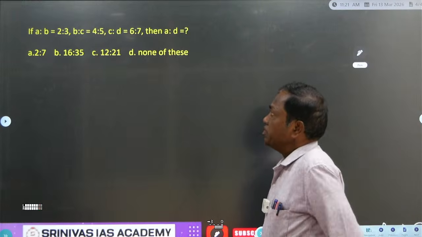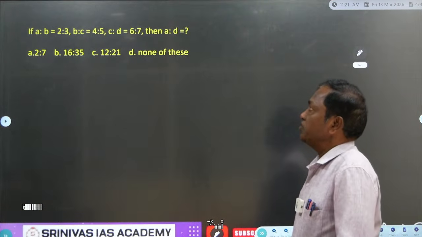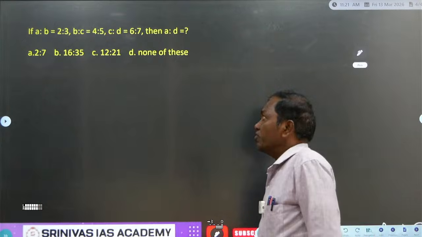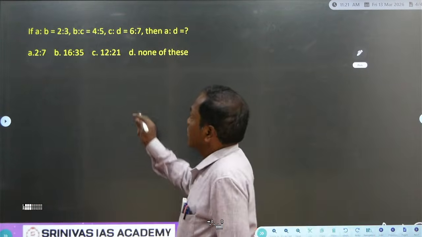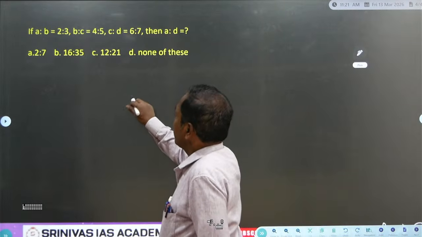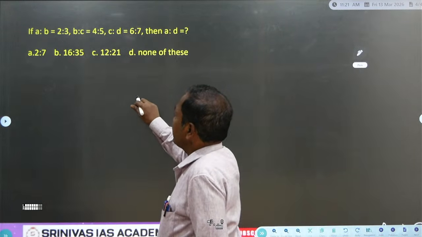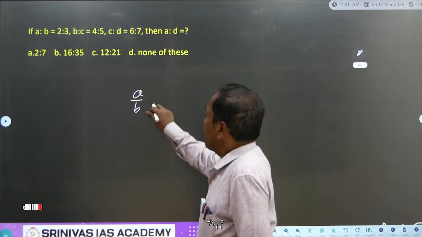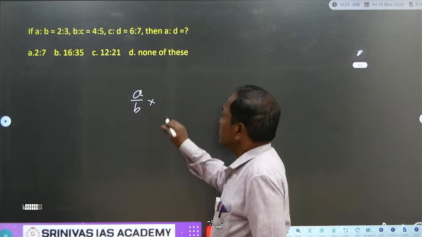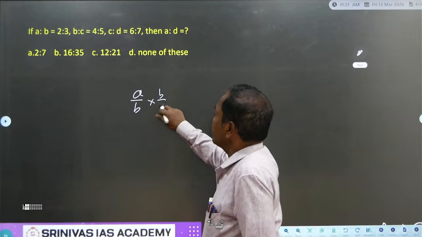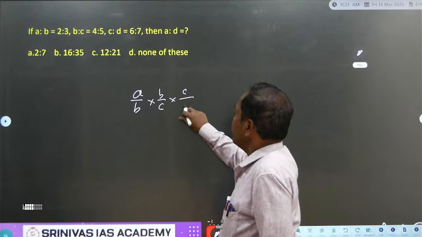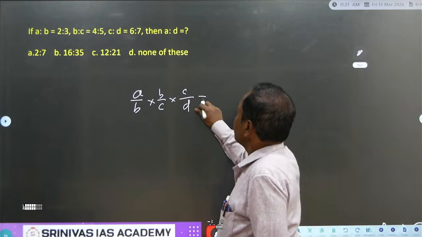Now, A is to B is 2 is to 3, B is to C is 4 is to 5, C is to D is 6 is to 7, then A is to D. Now you have to see this: A is to B can be written as A by B, and into B is to C can be written as B by C, into C is to D can be written as C by D, then equals to what?